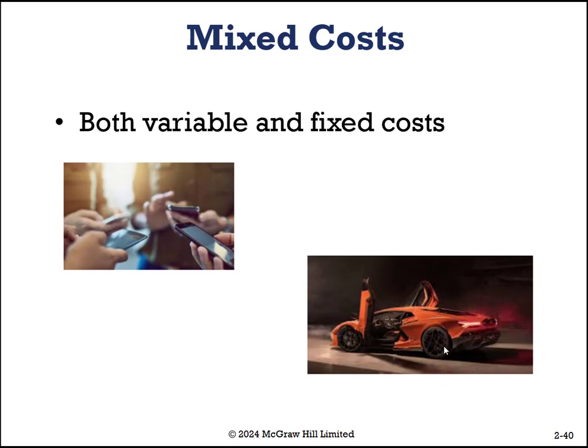So we have the fixed cost of the monthly plan plus the variable cost per hour plus the variable cost of the kilometers. So not only do I have a fixed cost of my monthly flat rate, but I have two different activity drivers, kilometers driven and hours used, that will go into determining my final cost for each month. So all around us, we have all of these examples of variable, fixed, and mixed costs.